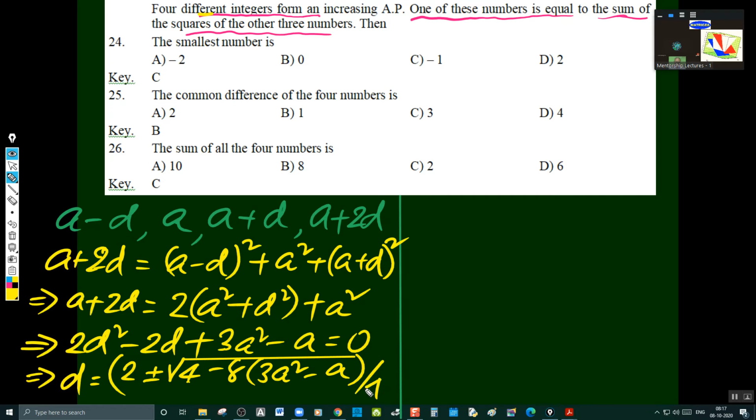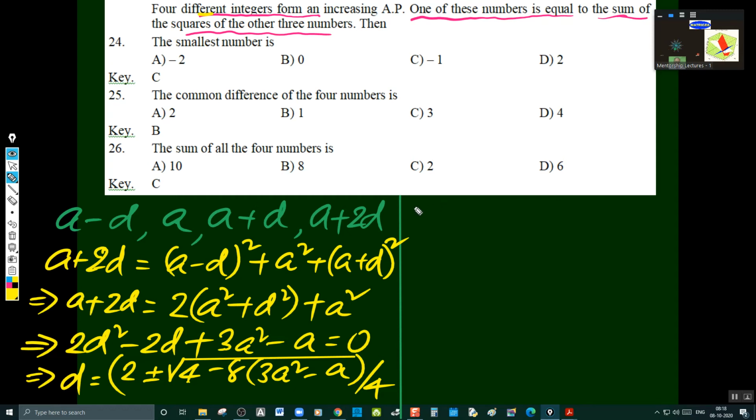But because it should be an integer, don't forget, the entire question is lying in that only. Different integers is saying. So the term under the root must be positive or equal to 0.